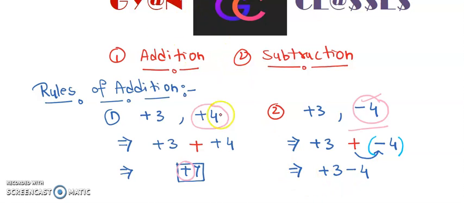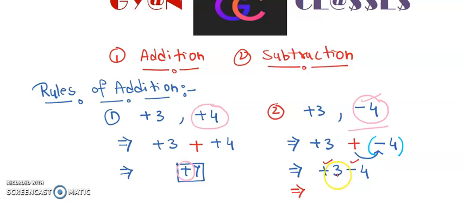Now it is going to change. Let us start with the solution. We have one positive integer, plus 3, and one negative integer, minus 4. Remember, my dear students, plus and minus always becomes minus. That means we will find the subtraction of this one.